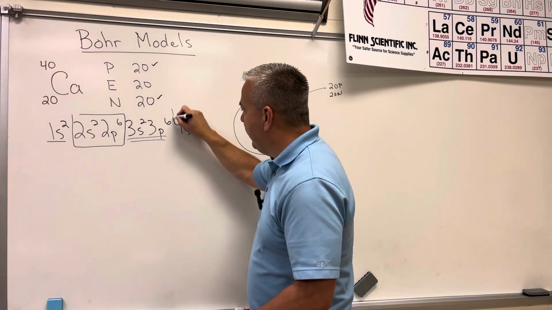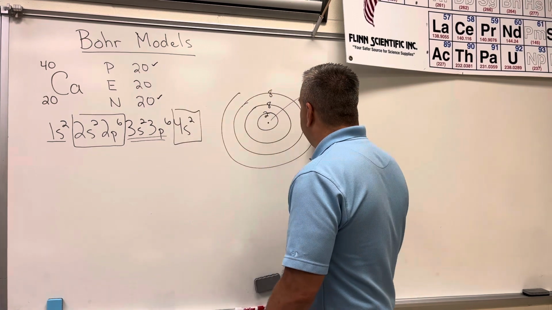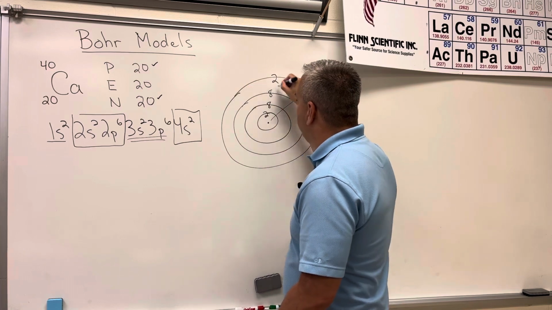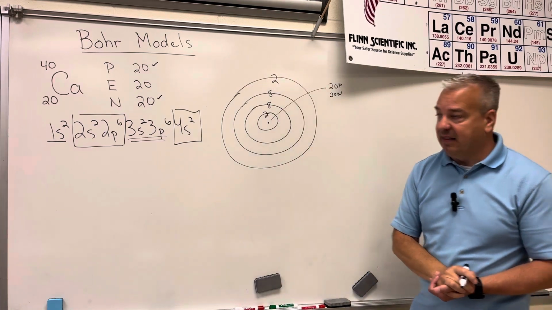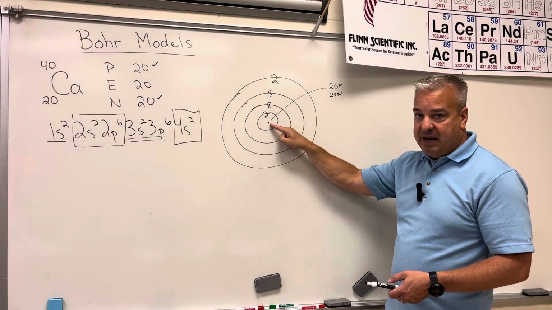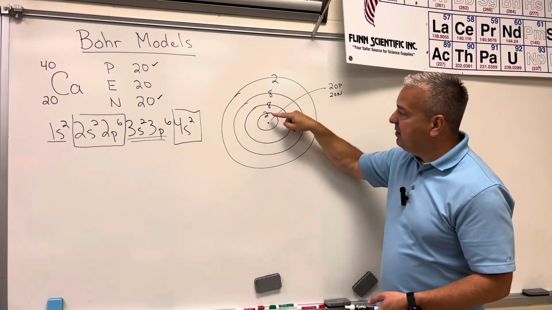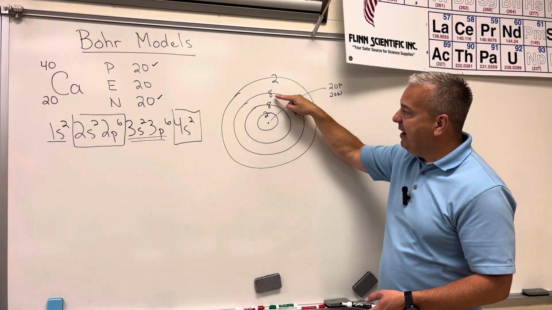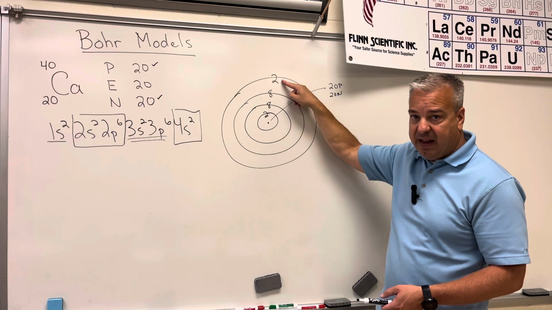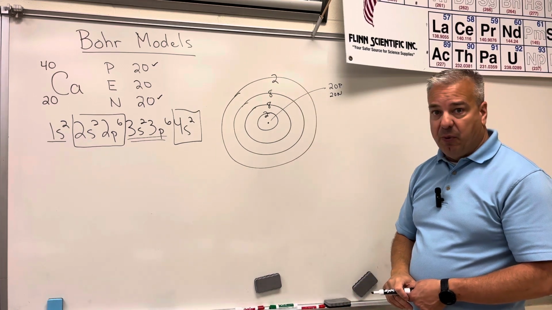And then the fourth ring only has 2. So it's going to look something like this. Our Bohr model has protons and neutrons in the center, and our electron configuration gives us rings of 2, 8, 8, and 2. So that's just one example of how to do a Bohr model.